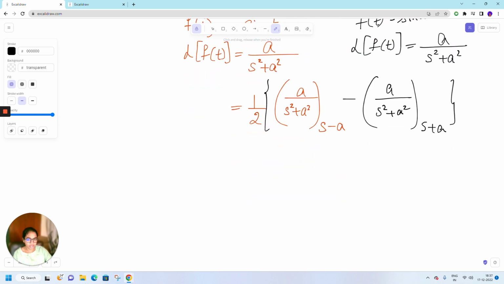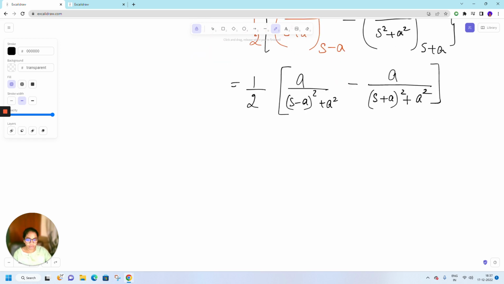Now, what do I write here? Half, a divided by s minus a the whole square plus a square, minus a divided by s plus a the whole square plus a square. Now let me split that using a minus b whole square.